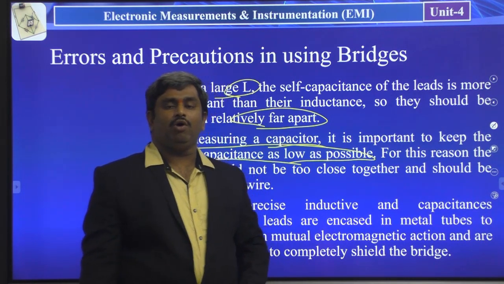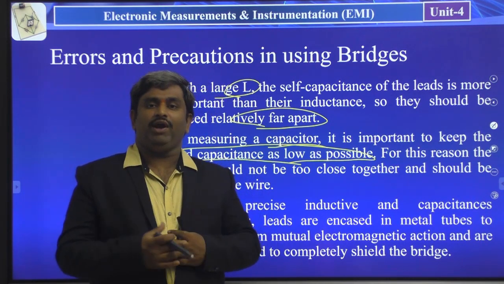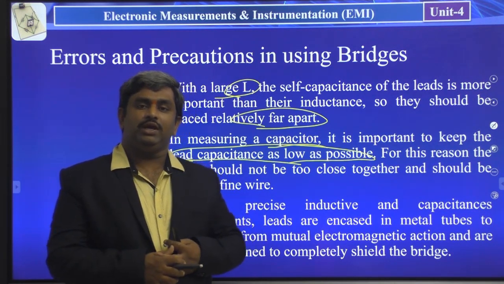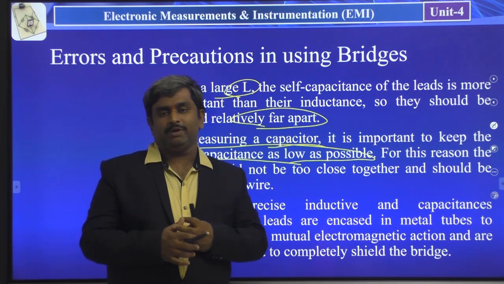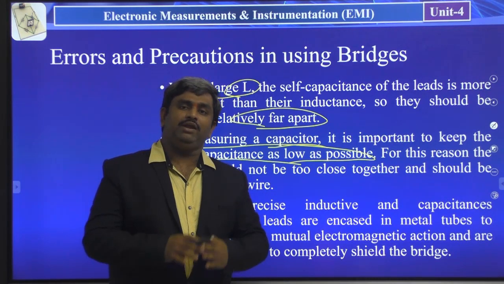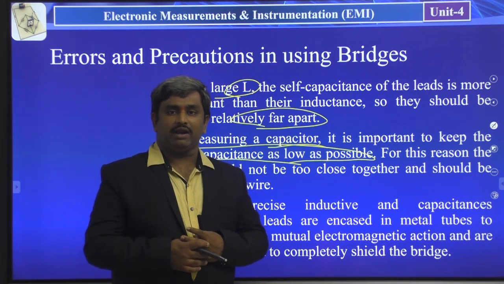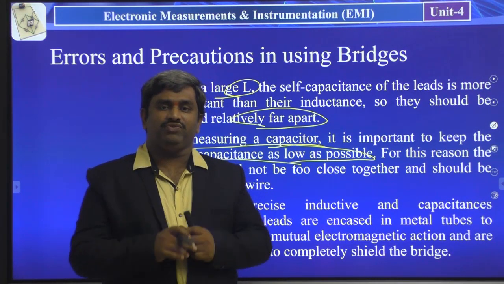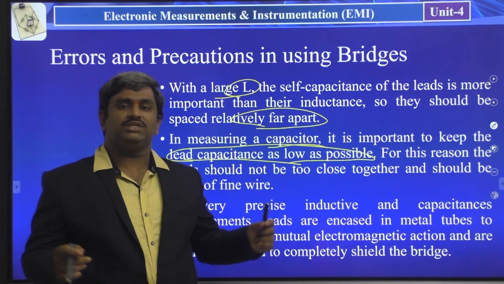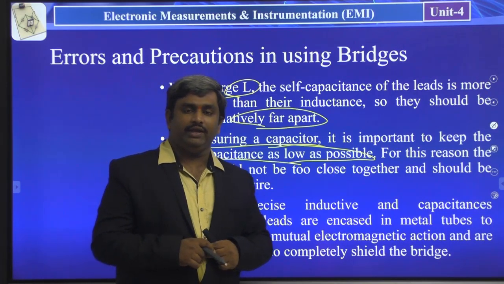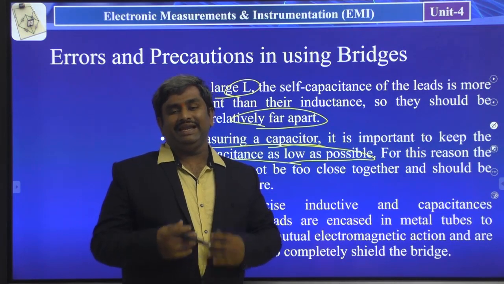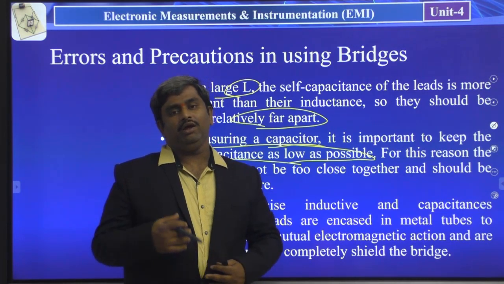Wherever the components are required to be exposed for use, we have to expose them. All the remaining contacts or leads we have to close with a shield. That means we have to use some insulating material or coating to cover these leads, which are wires.